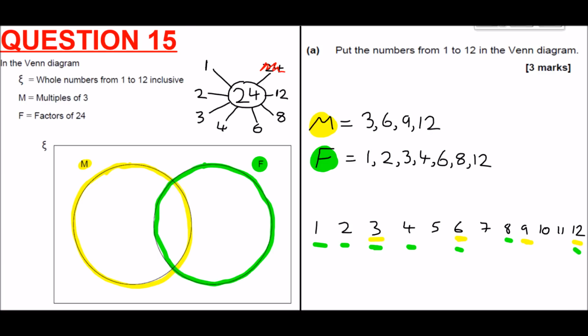The numbers that have been underlined twice, the numbers with both a yellow and green underline, represent the numbers that are both multiples of 3 and factors of 24.